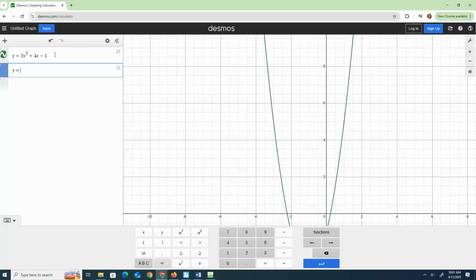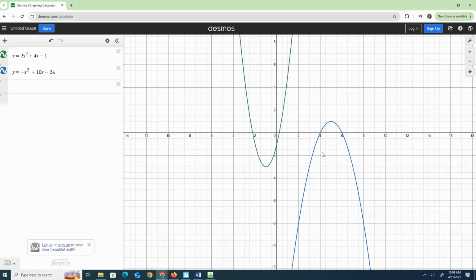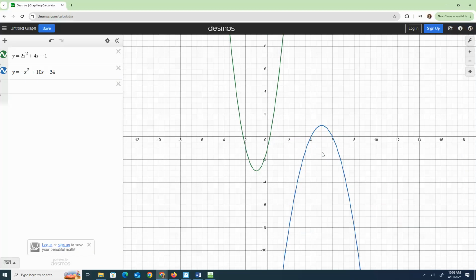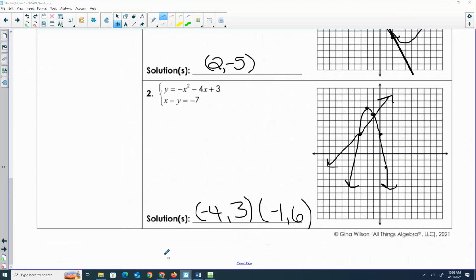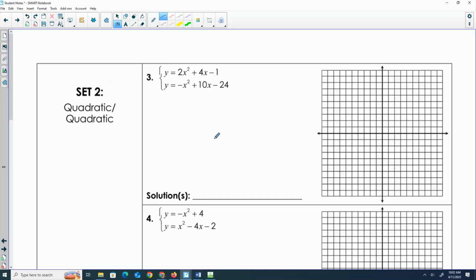Second one, y equals -x to the second plus 10x minus 24. All right, I have 2 parabolas here. What do you notice about those? They don't touch. If they don't touch, what is my solution? There's no solution. So on this one, no solution.